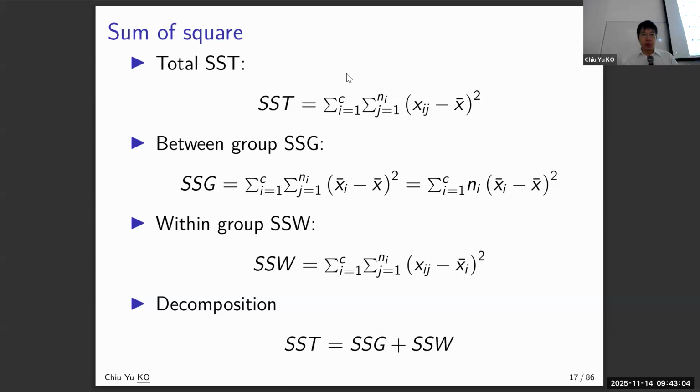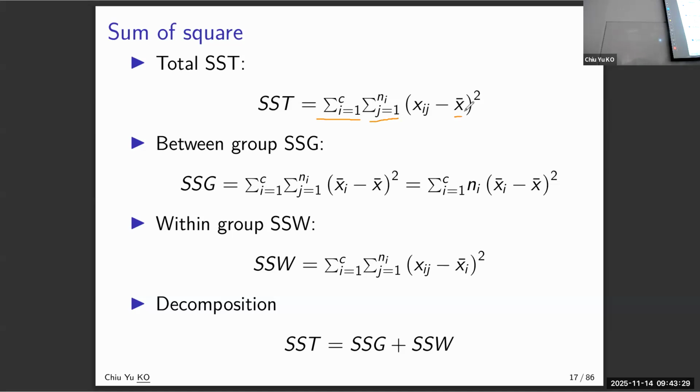So the notation here means you are adding each group, from group 1 up to group C, and for each group, you add up from the first observation to the last observation. Basically, we're adding every observation minus the sample grand mean, overall.